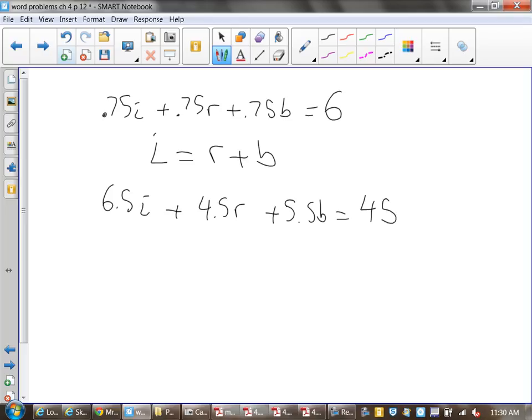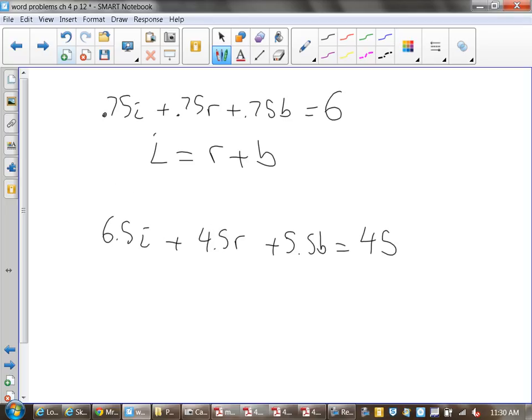Now, when you look at that system, we have 3 variables, 3 equations. Do you agree? One of those equations is not quite ready to be put into a matrix form: the I equals R plus B. I need to make this look like the other two. If you look at the other two equations, you'll notice that all the variables are on one side, aren't they?